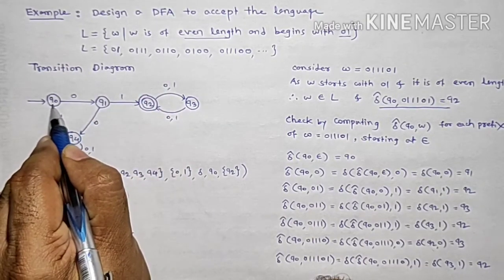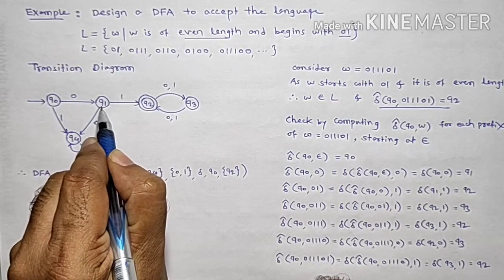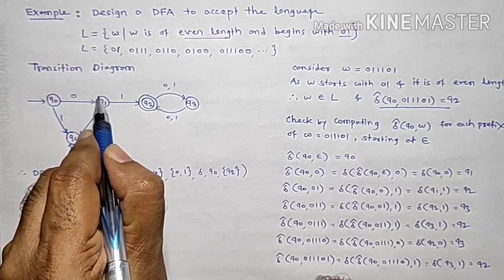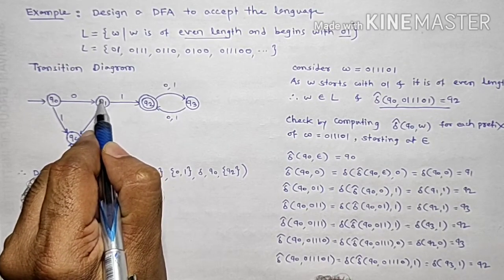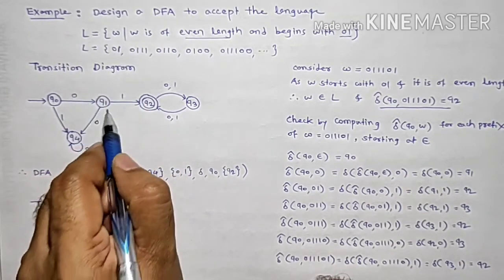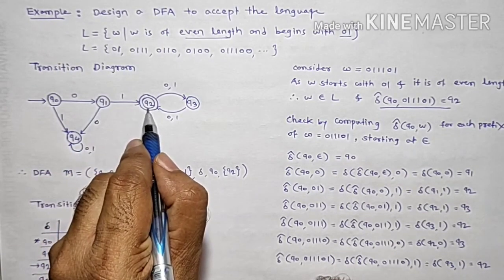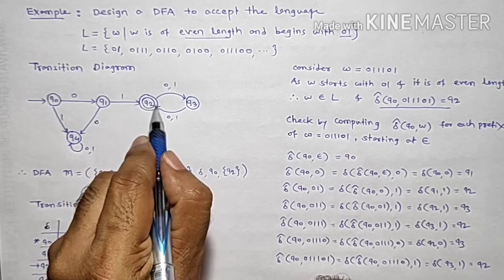So Q0 on 0 goes to Q1. Now from Q1 we take the transition on the next symbol, which is 1. So Q1 on 1 goes to Q2. Q2 will be the final state.